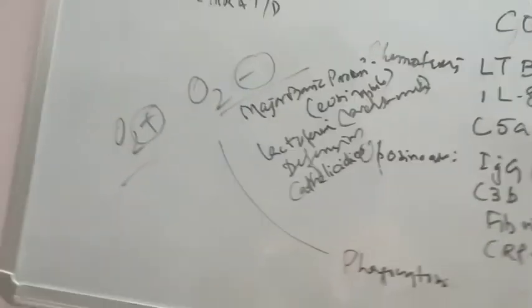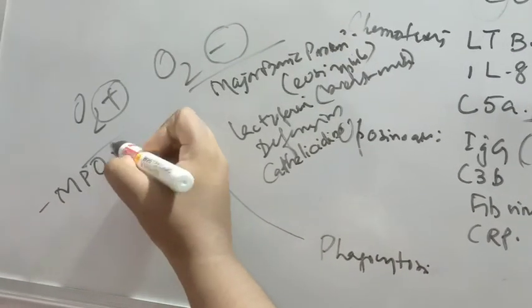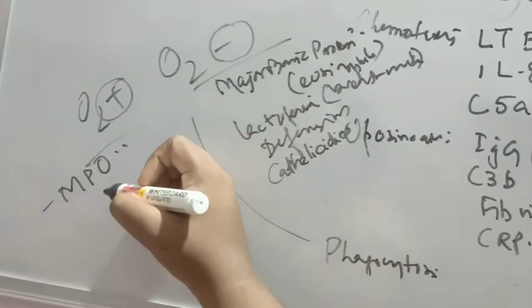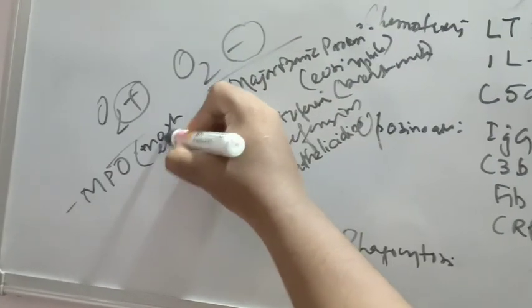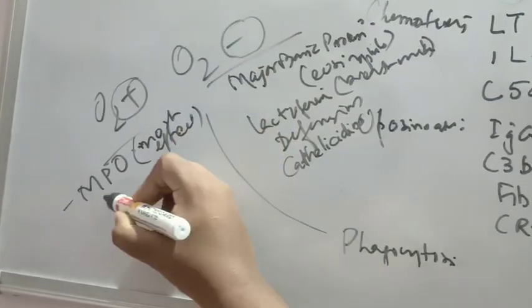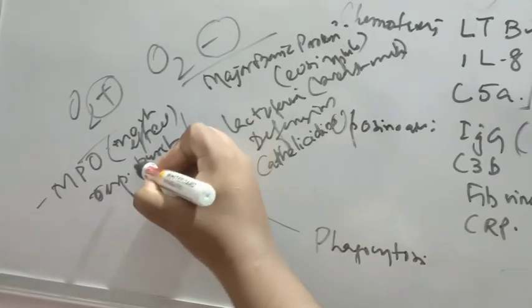Then you have oxygen dependent. There are two examples. One is MPO, myeloperoxidase. This is the most effective mechanism for phagocytosis, and they call it respiratory burst. Sometimes instead of MPO they will write respiratory burst mechanism. So don't get confused.